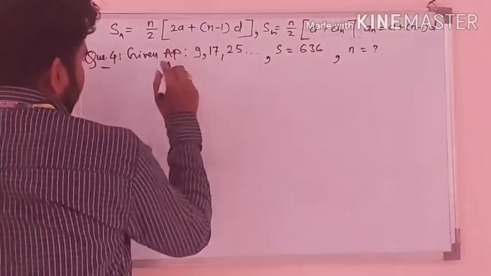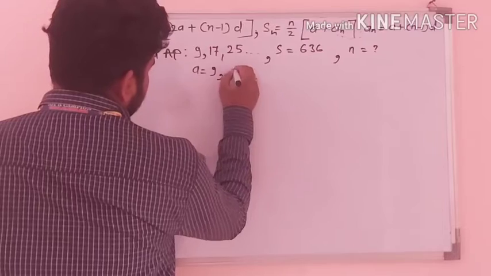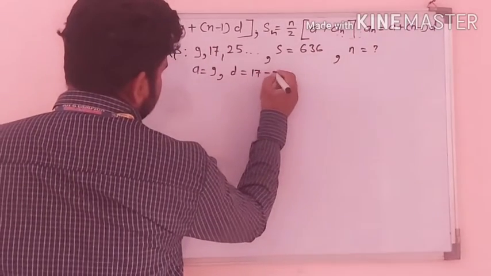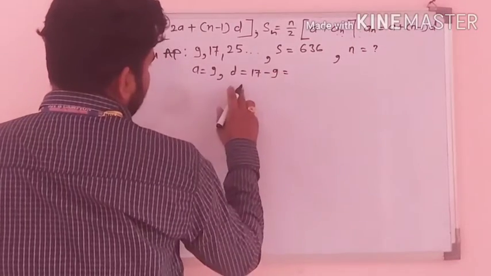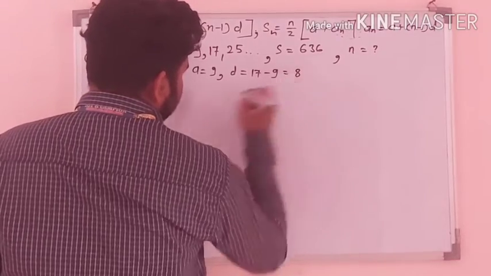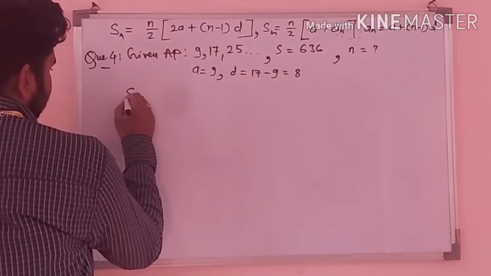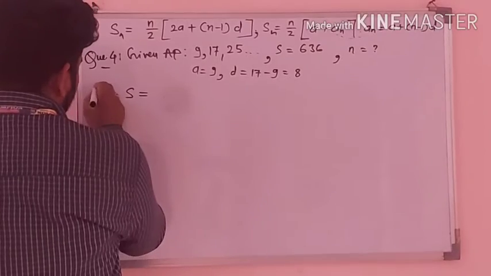Okay, so from here we can find out a is equals to 9, d is equals to 17 minus 9 is equals to 8. Okay, so find out n from this formula.